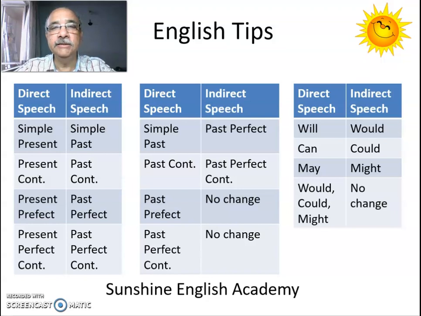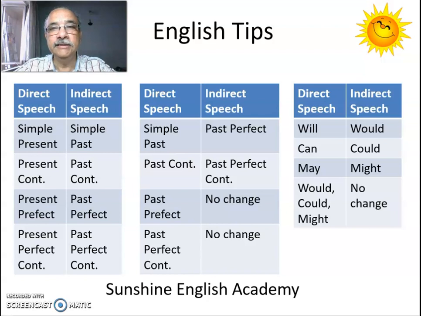When the direct speech is in past tense, then the simple past changes to past perfect, past continuous changes to past perfect continuous, past perfect remains the same, there is no change, and past perfect continuous also remains the same, and there is no change.